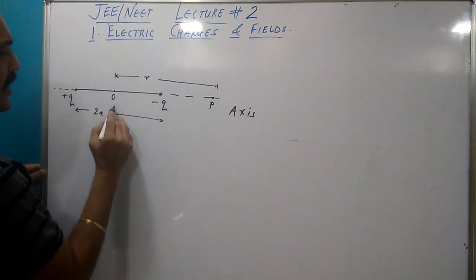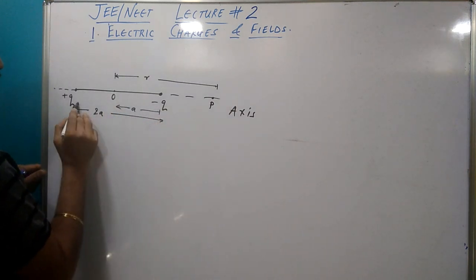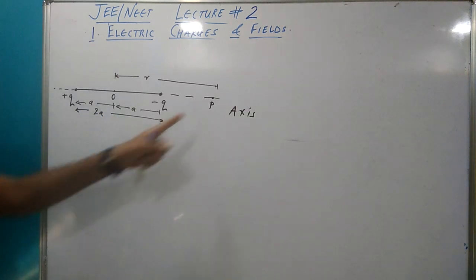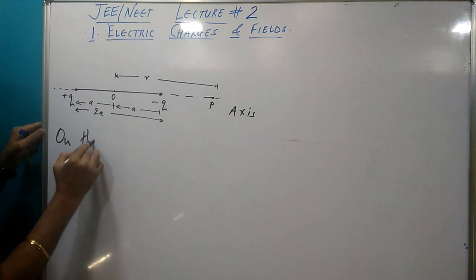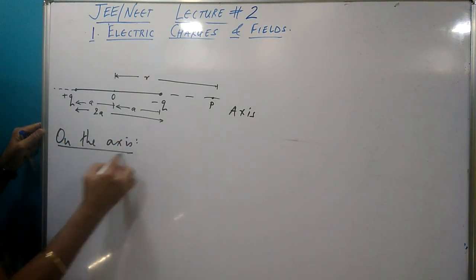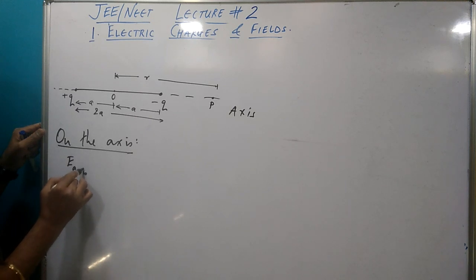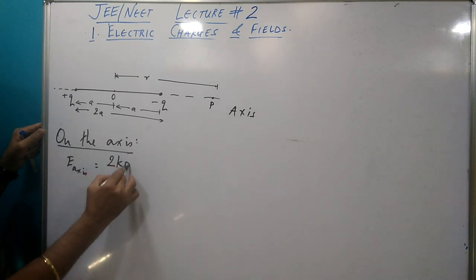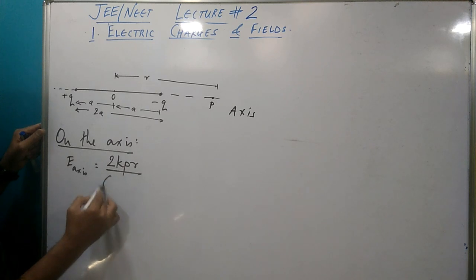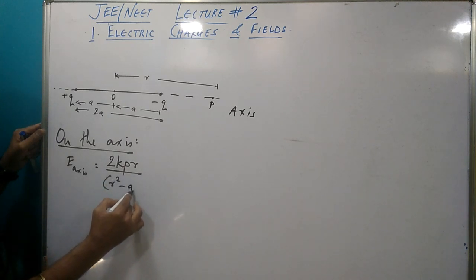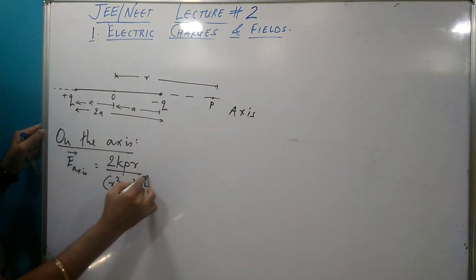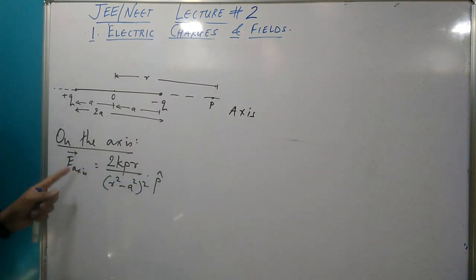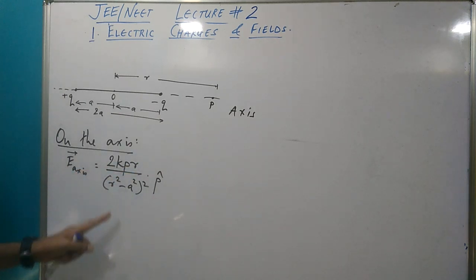If this entire length is 2a, this would be a, this would also be a. Electric field at point P on the axis, E on the axis is 2kpr over (r square minus a square) the whole square. And if you want to put it in vector form, this would be p cap. So E bar on the axis is 2kpr over (r square minus a square) the whole square.